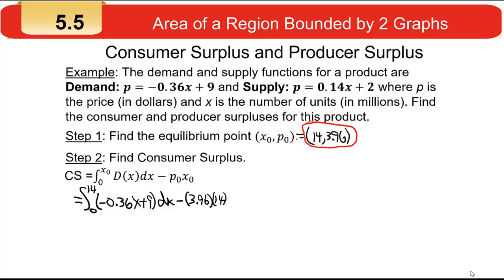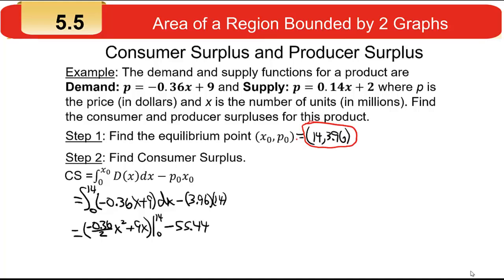It's pretty easy. Negative 0.36x is going to integrate to negative 0.36 times x squared over 2, or 1/2 x squared, and that negative 0.36 just sits there. The integral of a number is just a number times x, so the integral of 9 is 9x, and you want to evaluate that from 0 to 14, minus the product of the equilibrium price and the equilibrium quantity, so that's 3.96 times 14, which turns out to be 55.44.